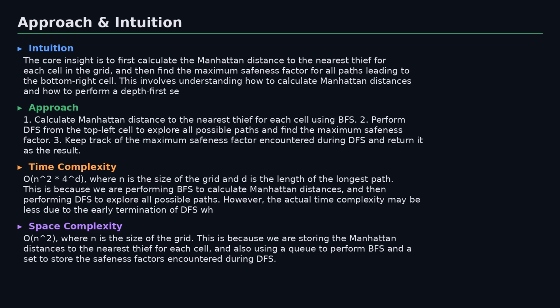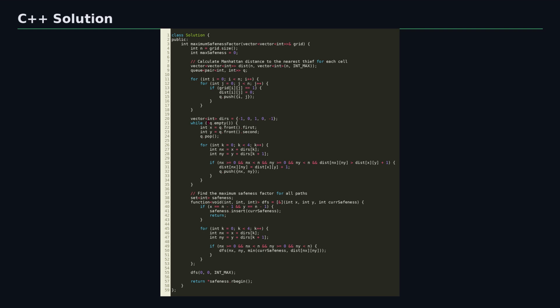Let's take a look at the C++ code that implements this solution. We start by defining a class called Solution, with a member function called maximumSafenessFactor, which takes a 2D vector representing the grid as input. We initialize the variables n, maxSafeness, and dist, which stores the Manhattan distances to the nearest thief for each cell.